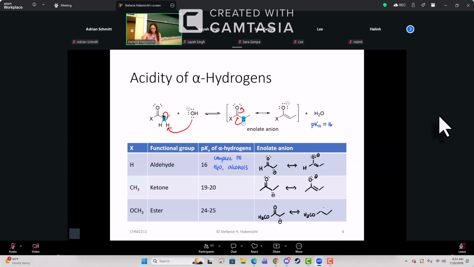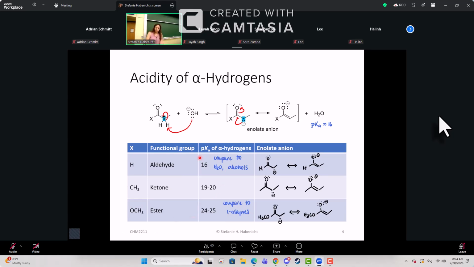And then I just want to discuss what causes the difference in acidity of these different types of alpha hydrogens. Before we do that, what else has a pKa in the neighborhood of 25? Alkynes, exactly. Terminal alkynes or 1-alkynes that have that proton bonded to the sp hybridized carbon atom. So again, that gives us some context.